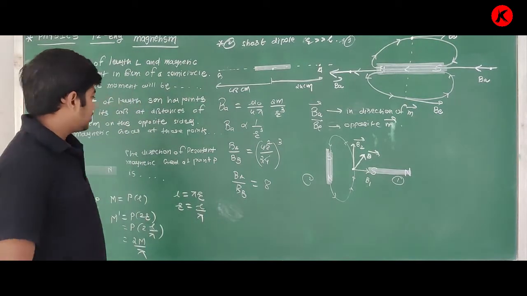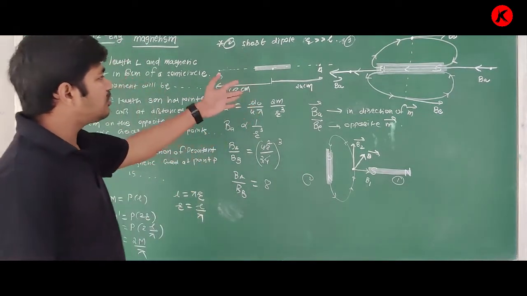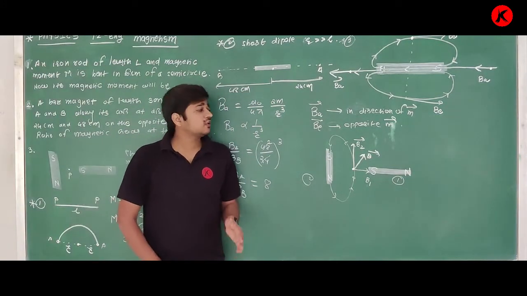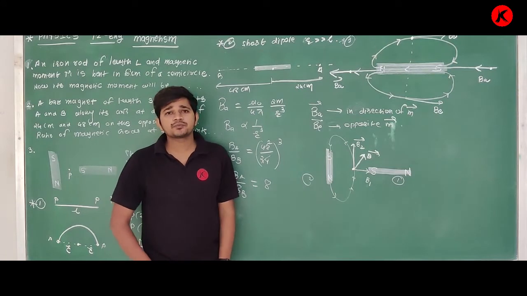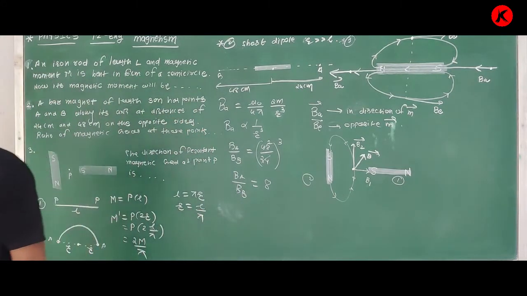Clear? So these three are basic questions. You just have to remember the figure and how to find the direction of the magnetic field on the axis and on the equator. Now we will see the next questions.